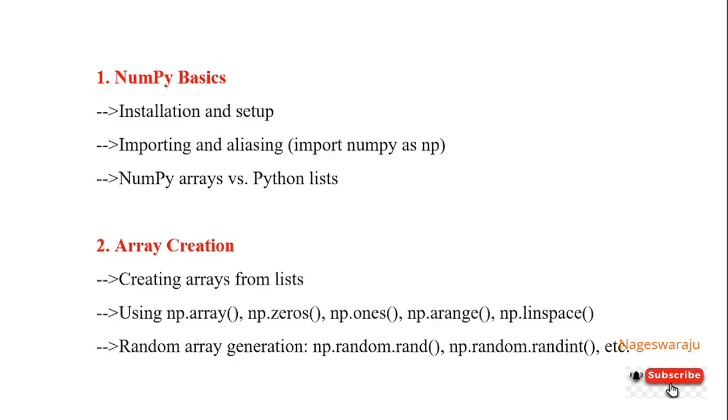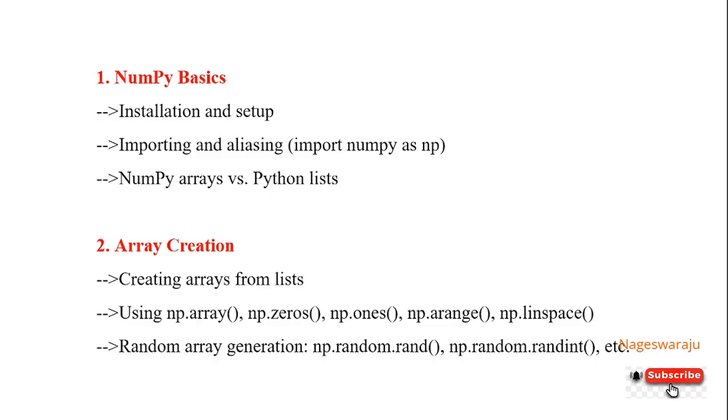Importing means we need to import any modules. Aliasing means alias names. Here is a small example: import NumPy as NP. NP is the alias name of this NumPy. In the place of NumPy we need to use NP.